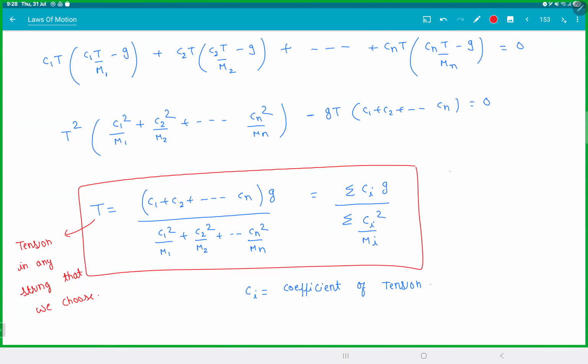Again, remember, use this only if you have tensions and gravity. There should be no other forces. If you have normal reactions, blocks pushing each other and all, this will not work.